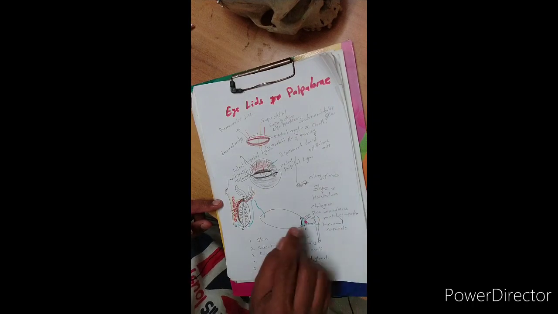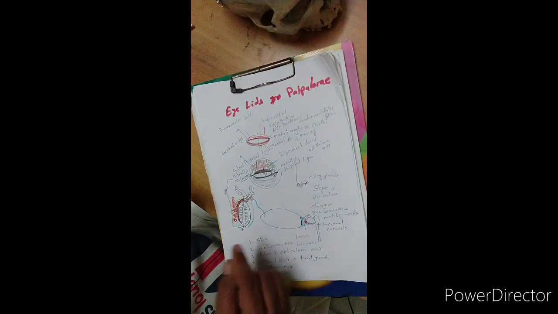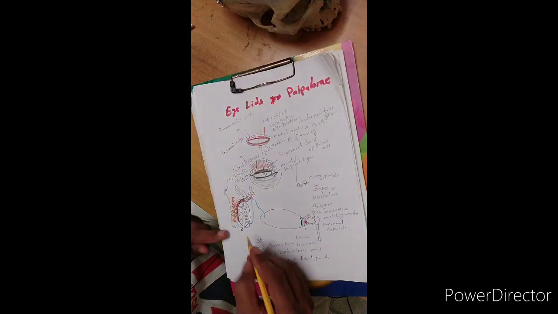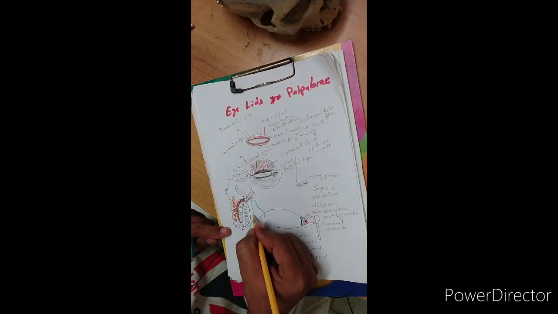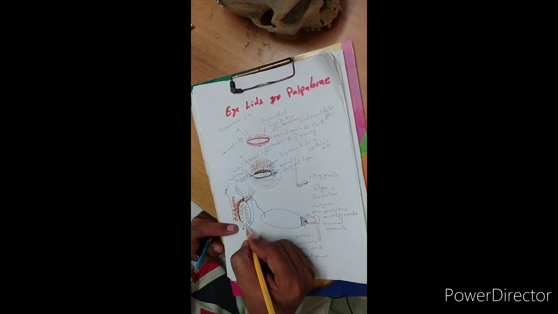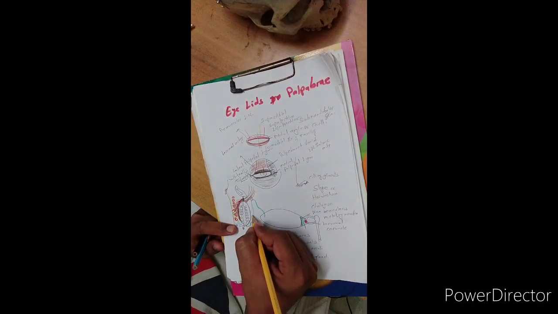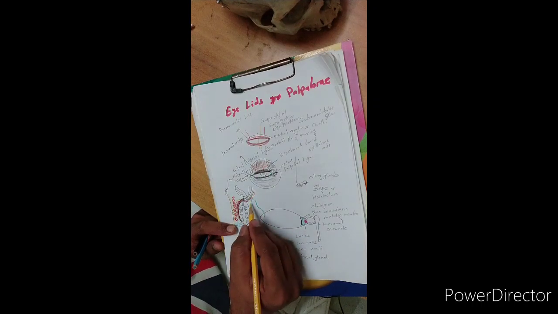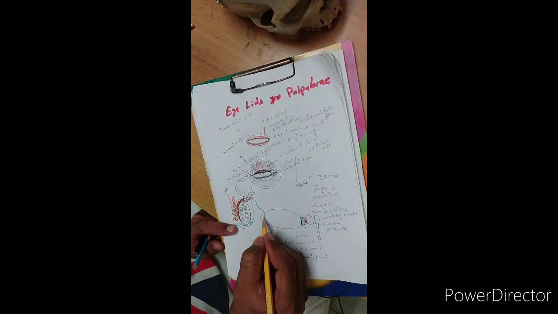Now we will see the conjunctiva. What is the conjunctiva? The conjunctiva is a transparent mucous membrane which covers the inner surface of the eyelid and the eyeball up to the cornea, the corneoscleral junction here.